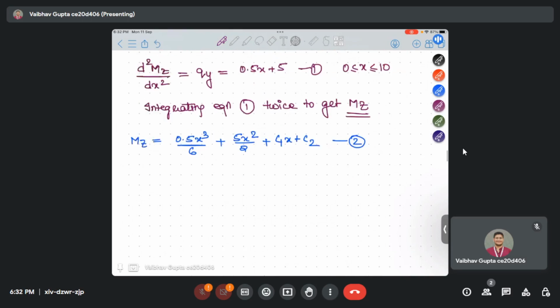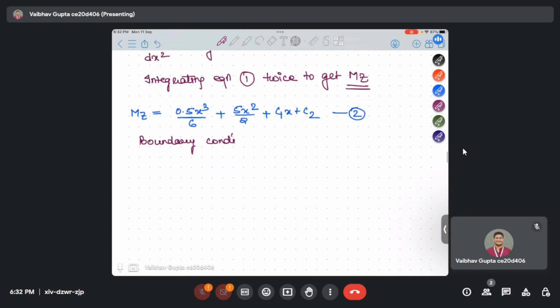Now we have to put boundary conditions. See, why do we need boundary conditions? Because we have two unknowns, C1 and C2. So we need at least two equations to get C1 and C2.